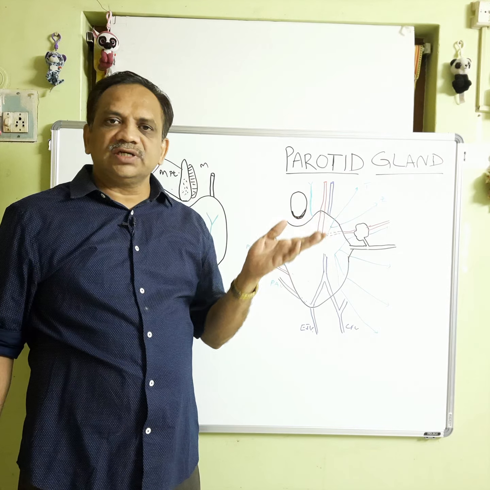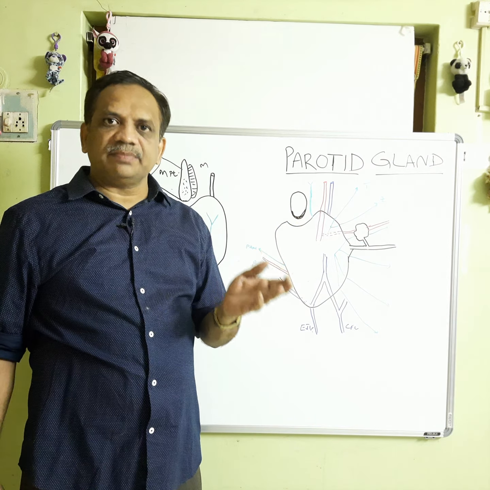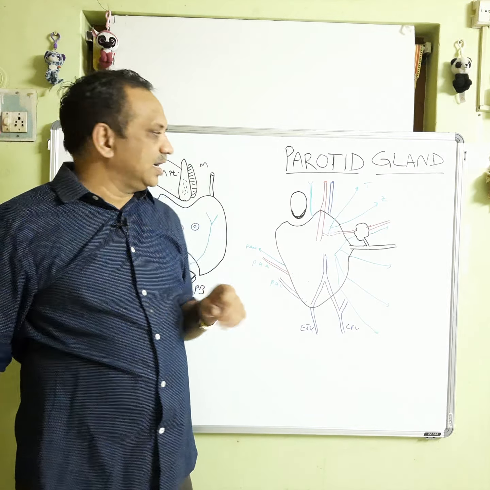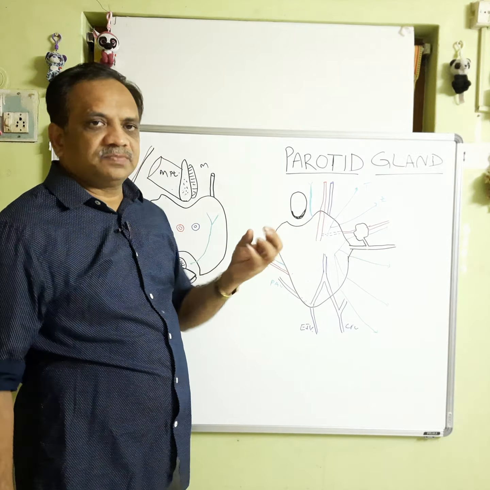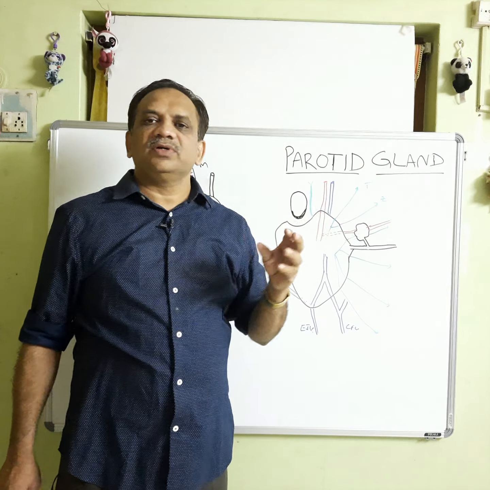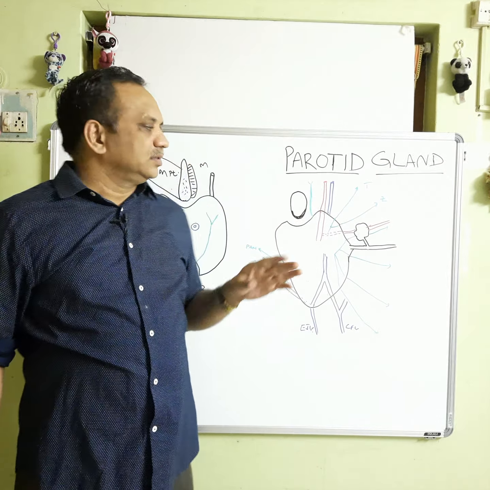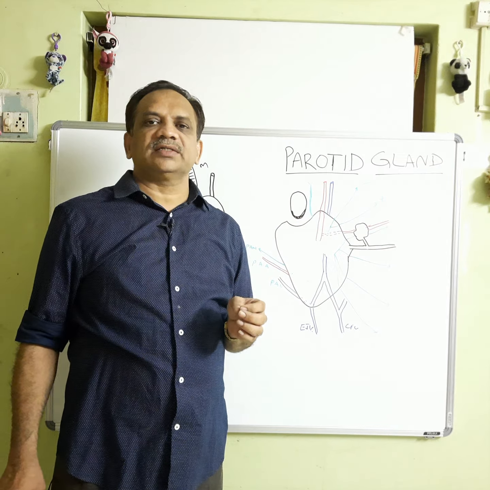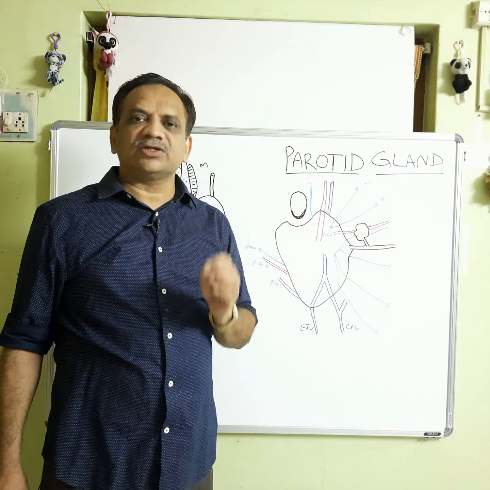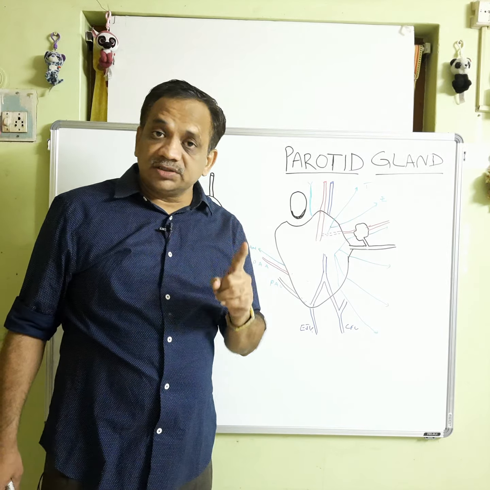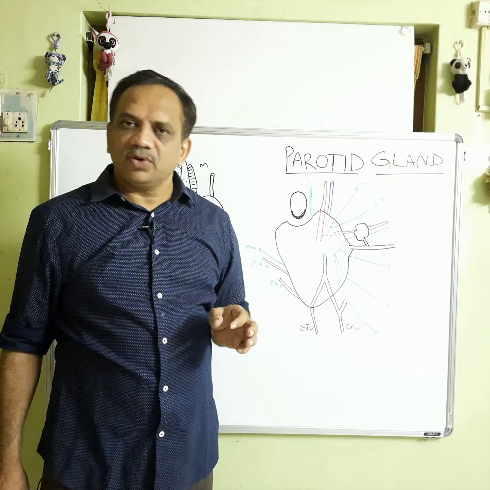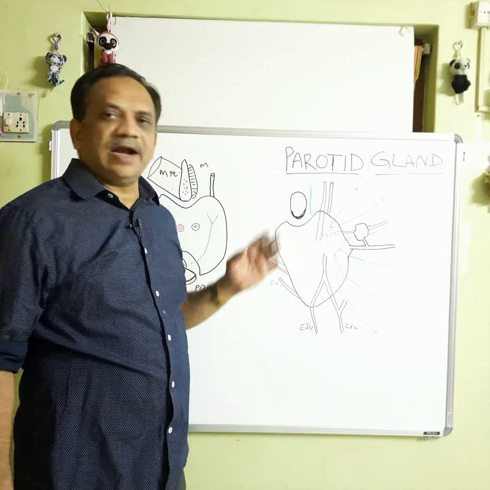From there, the postganglionic parasympathetic secretomotor fibers pass through the auriculotemporal nerve and reach the gland and spread there to distribute the entire gland. The auriculotemporal nerve also carries the sympathetic fibers, which are vasomotor and also secretomotor, because they cause the secretion of the mucus in this gland.